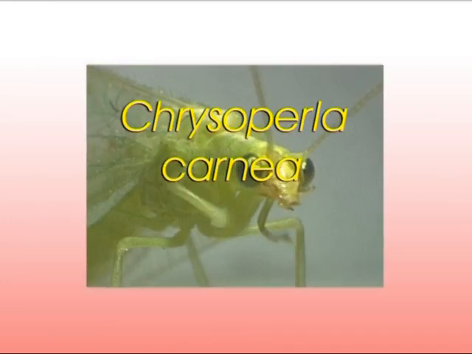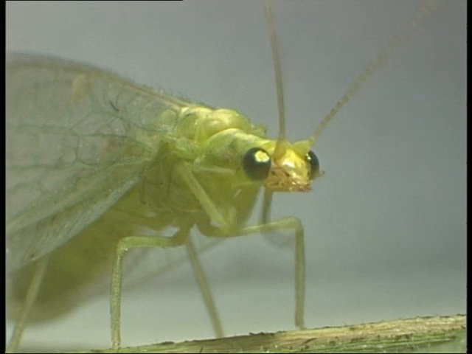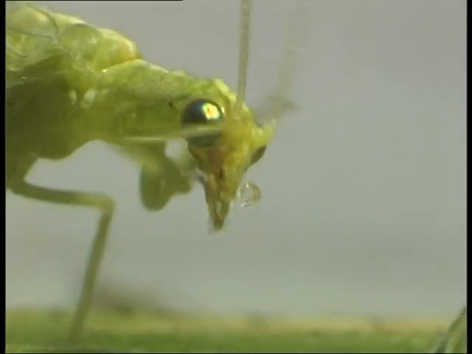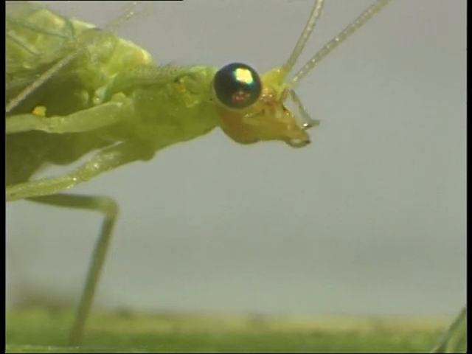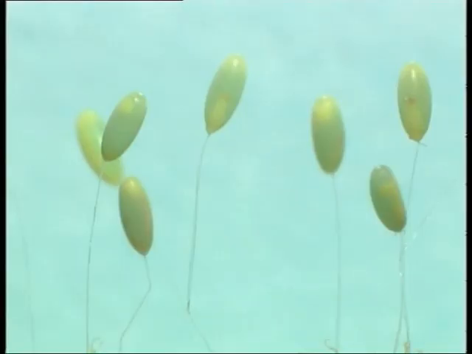The green lacewing is widely known as a beneficial insect, but it does not consume aphids during its adult stage. The eggs are laid at the tip of a slender stalk.